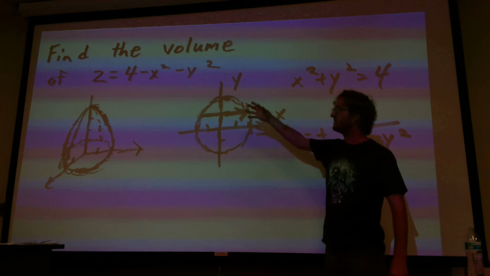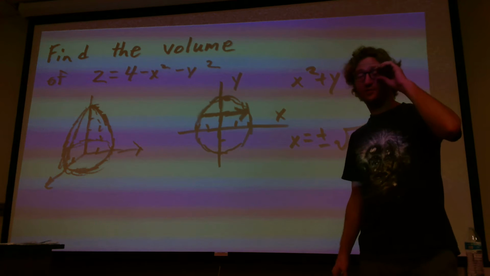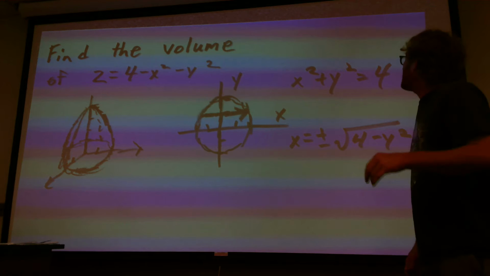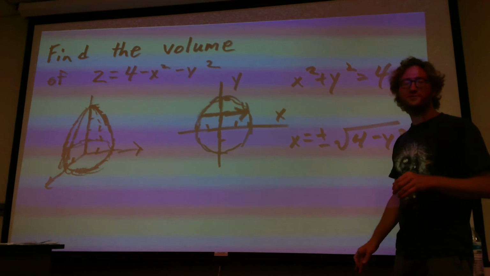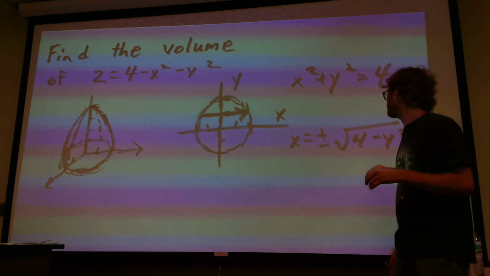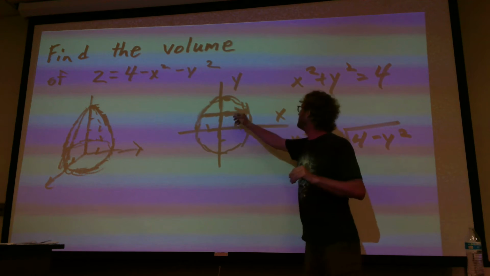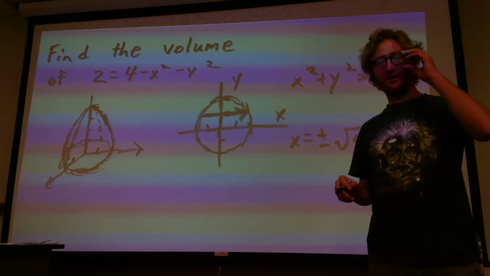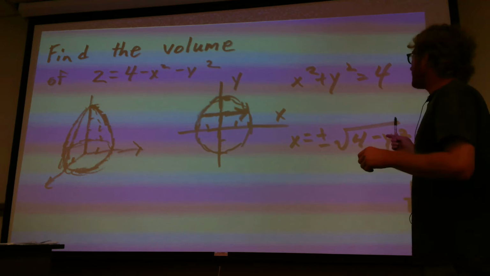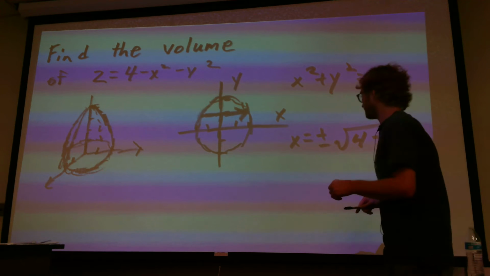So if I set z equal to 0, I get that x squared plus y squared is going to equal 4, all right? And so if I solve for x, this is plus or minus the square root of 4 minus y squared. And so I already drew my arrow for integrating in the x direction, and I created x as a function of y. Okay, so let's set up this integral.